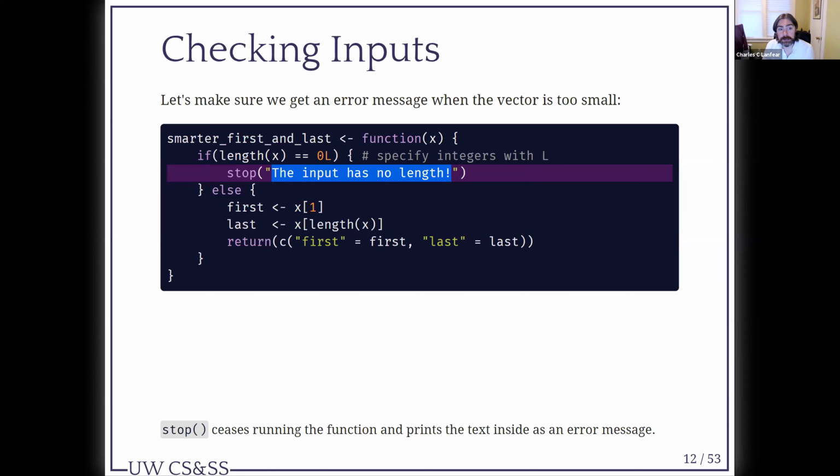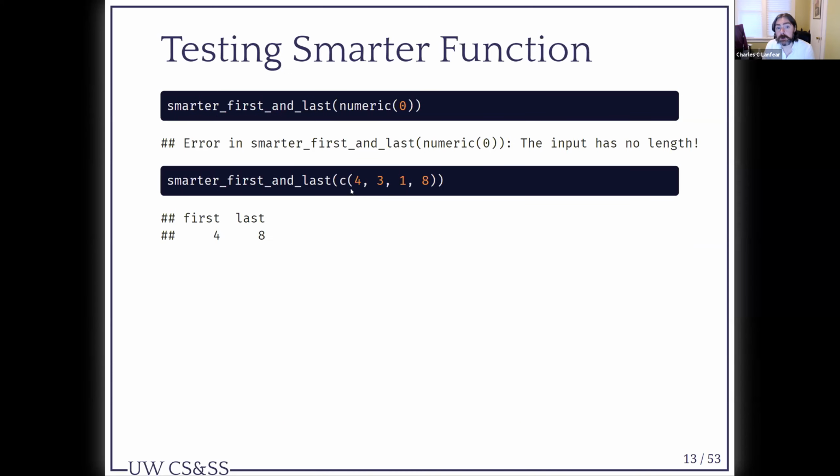If you encounter a length 0 input object, stop and report that. If, however, you give it something like the original numeric we gave it, it looks at this and says, well, the length of this is 4. This is not a length 0 thing, so just run the same function we had before and give me the first and the last of this. Okay? That's how you build error checking into a function.